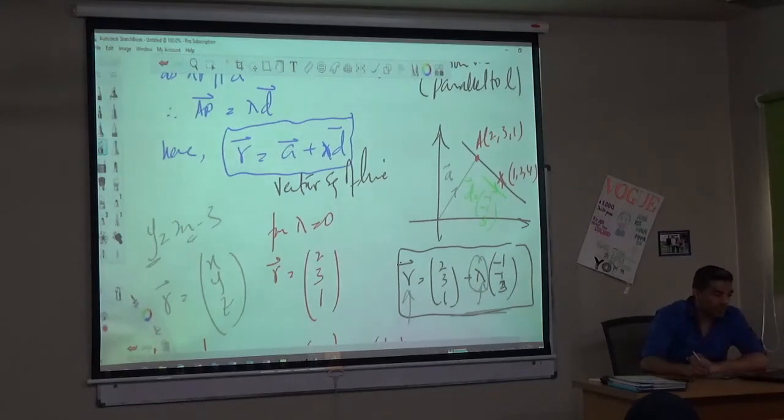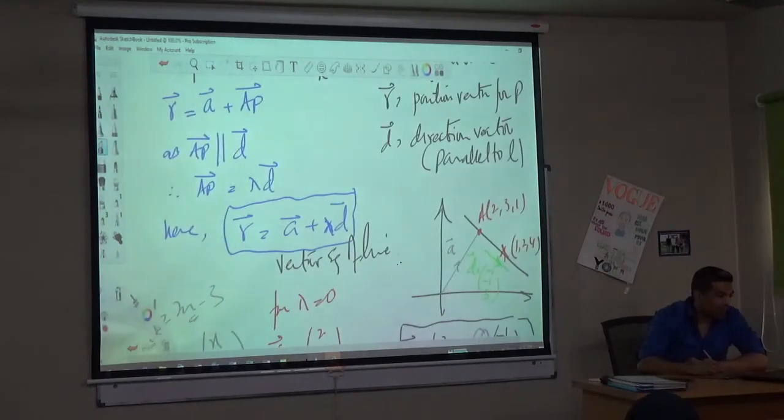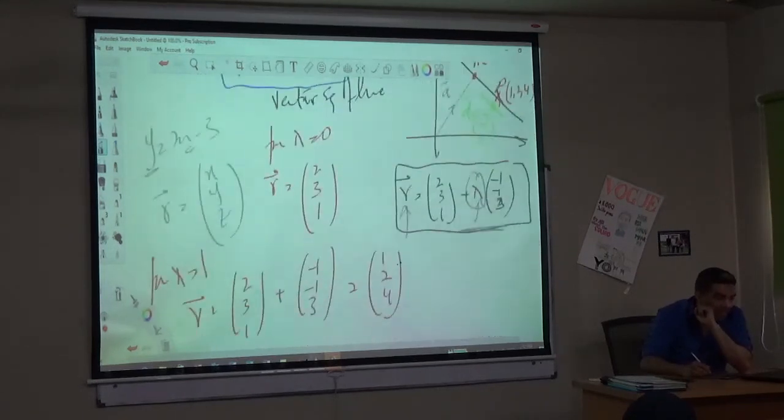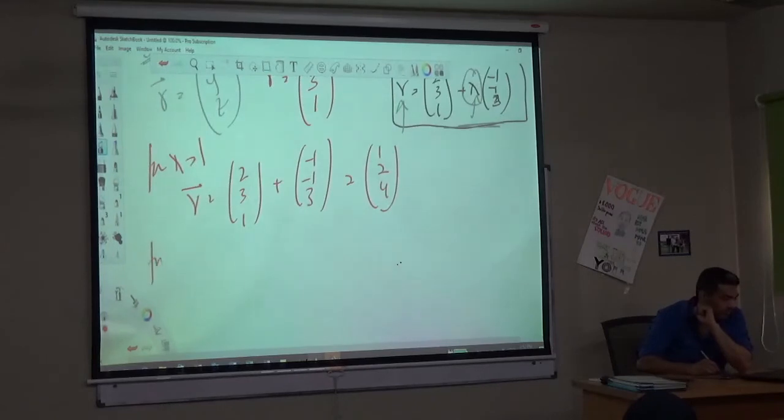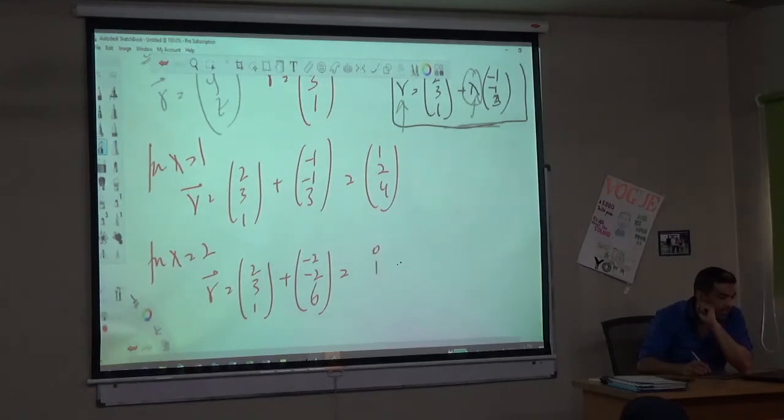Because when you put lambda as 1, AP equals D, that means this is your point P, and this length is exactly equal to the length of D, so this point is exactly one direction vector away from your fixed point A. Now if I keep lambda as 2, I would get 2, 3, 1 plus 2 times this, which is -2, -2, 6, and you end up with 0, 1, 7.